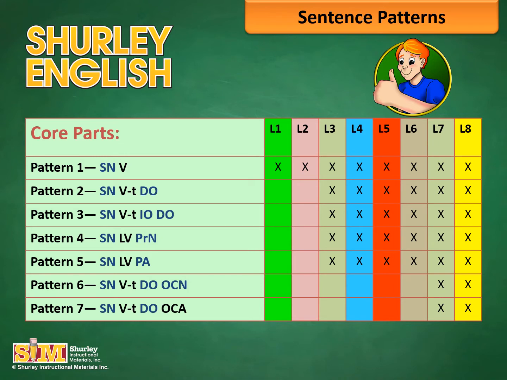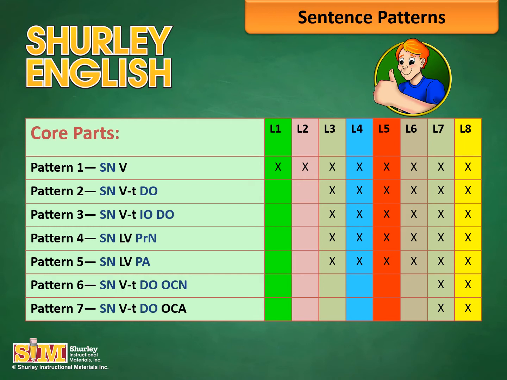Traditional textbooks teach these same patterns, but you might notice a slight difference. Shurley English always labels a noun by its job. For instance, take a look at the first pattern. Instead of saying that the core of a Pattern 1 sentence includes just a noun and a verb, making it the noun-verb pattern, we teach students to call the noun by its job.